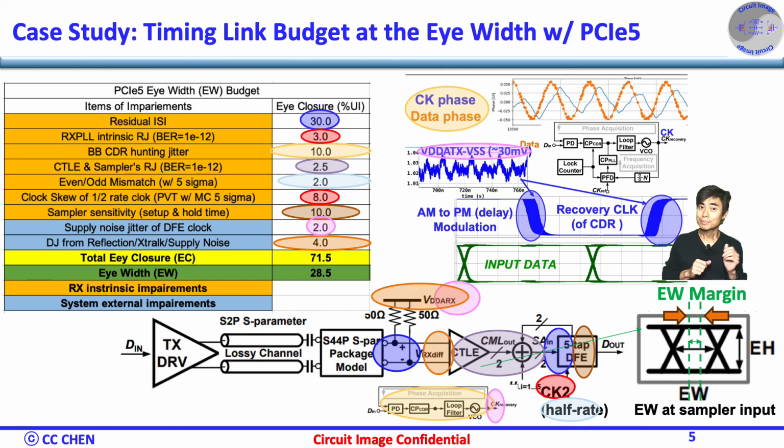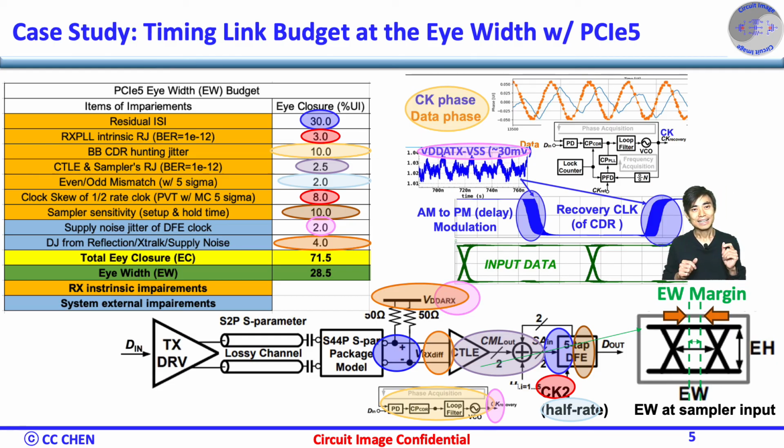Fifth, the sampler setup and hold time may require 10% UI for needed arrival time before and after the data transition. Sixth, the intrinsic RJ for the recovery clock is 3% UI peak-to-peak for bit error rate 1e-12. Seventh, the intrinsic DJ for the sampling clock, from the CDR's hunting jitter and supply noise introduced jitter, will be 12% UI in total.